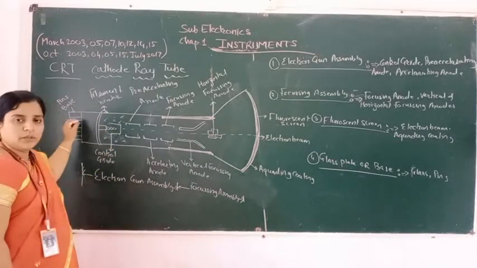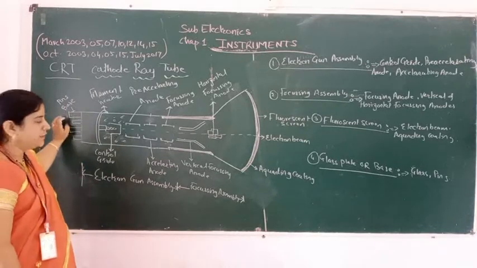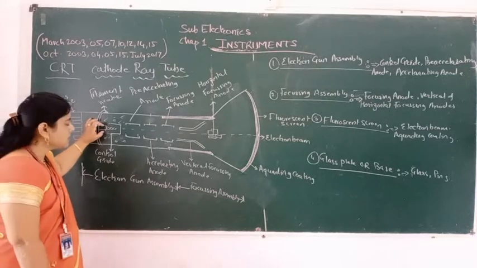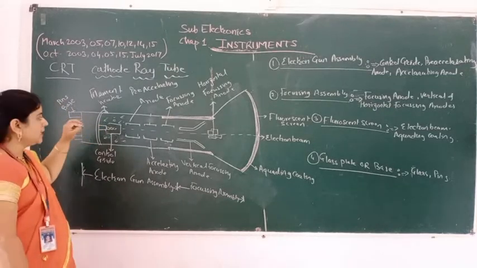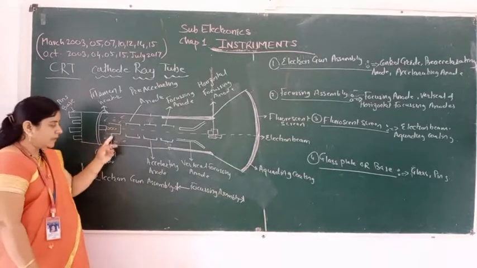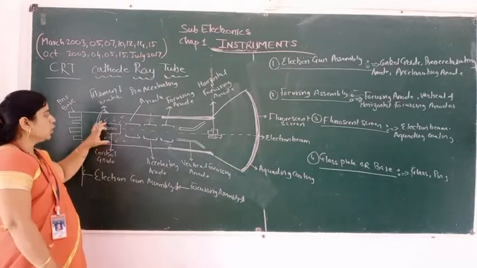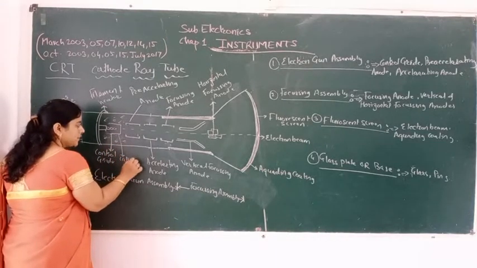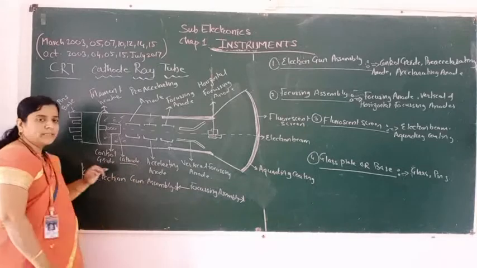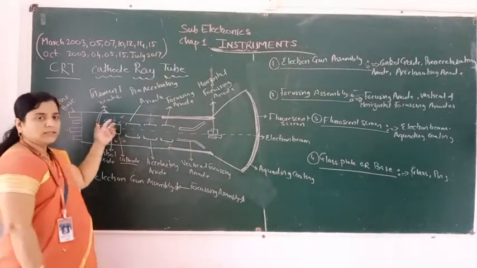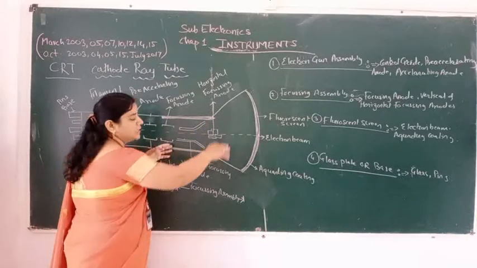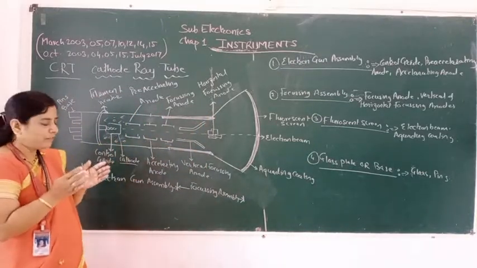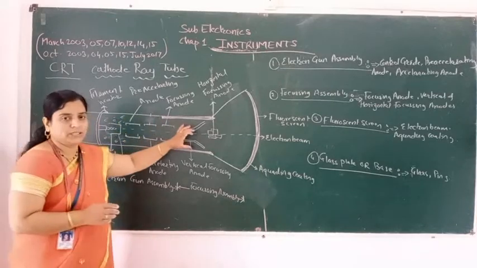When we give the voltage to the pins, the heater starts heating and emits the electrons, because the cathode is there, the control grid is also there, and the cathode is connected. The cathode starts the electrons, and electrons can flow everywhere in the screen. But they should not flow everywhere, they should flow in the proper direction.